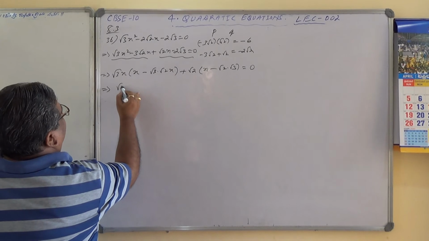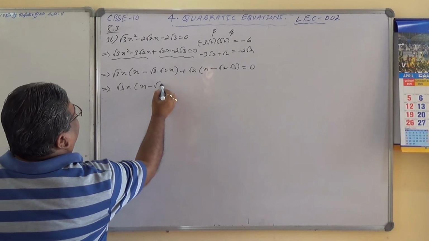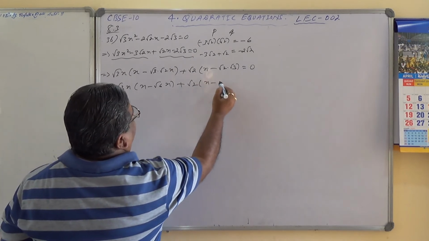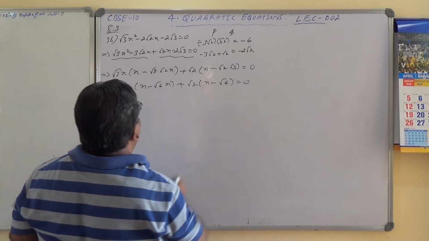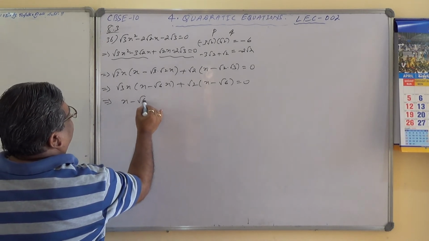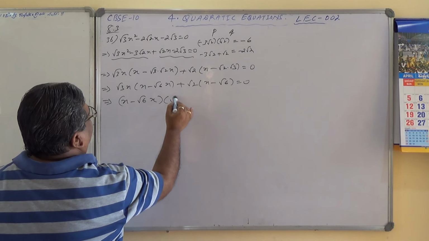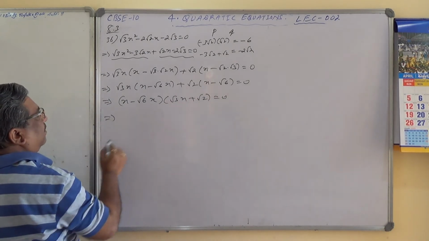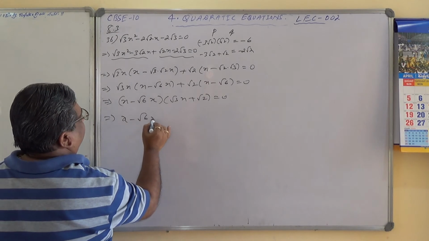This implies root 3x, x minus root 6x plus root 2 x minus root 6 equals 0. This implies out of these two common, x minus root 6, root 3x plus root 2 equals 0.